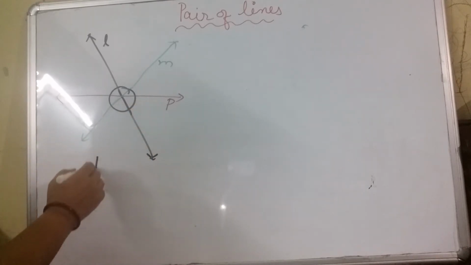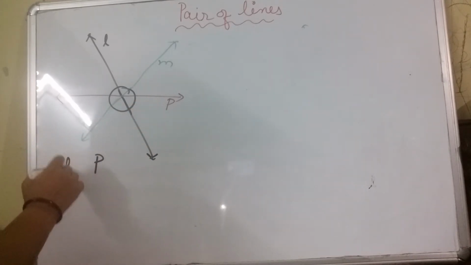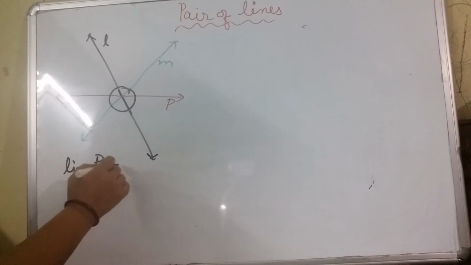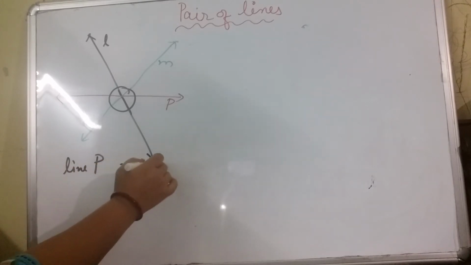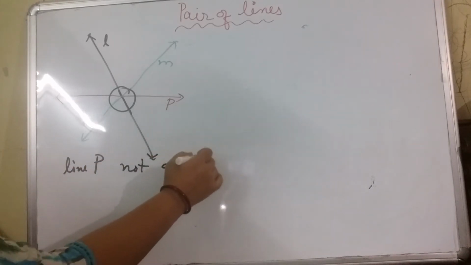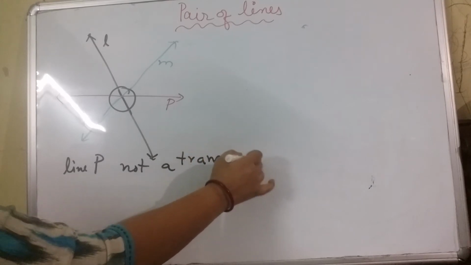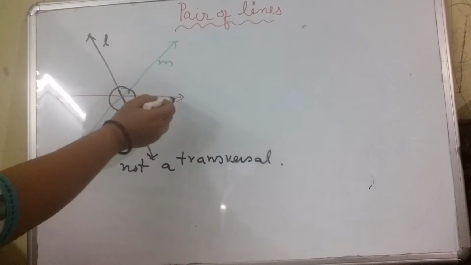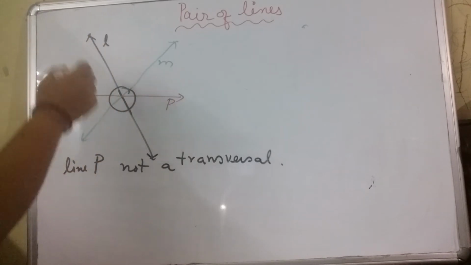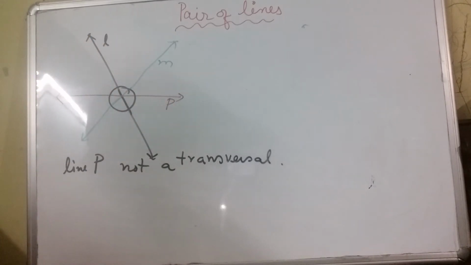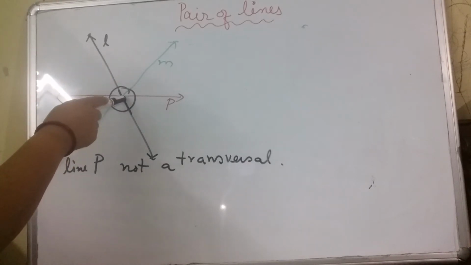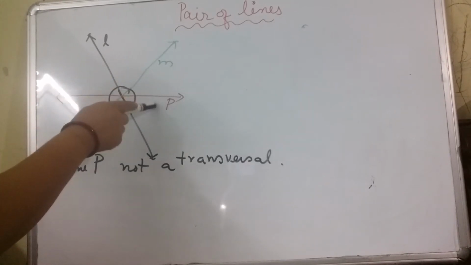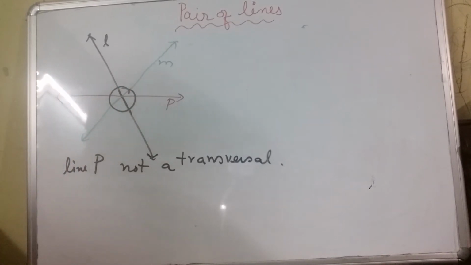So this line P is not a transversal. Okay, you remember that the transversal should meet lines at different points. Here, as they are meeting at the same point, that line P is not a transversal of this line L and M.